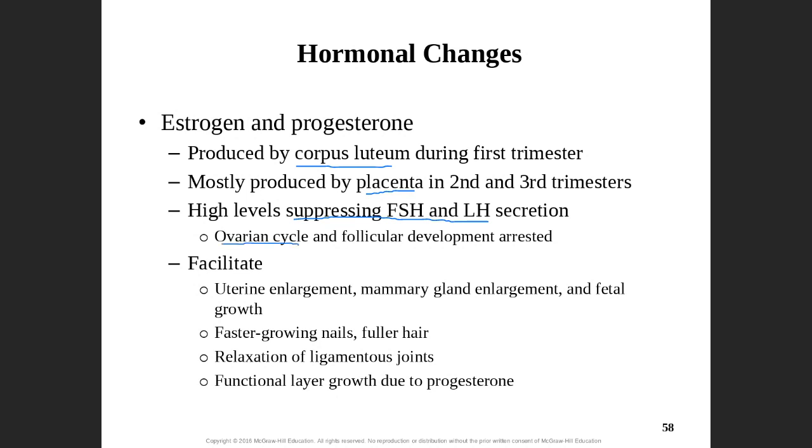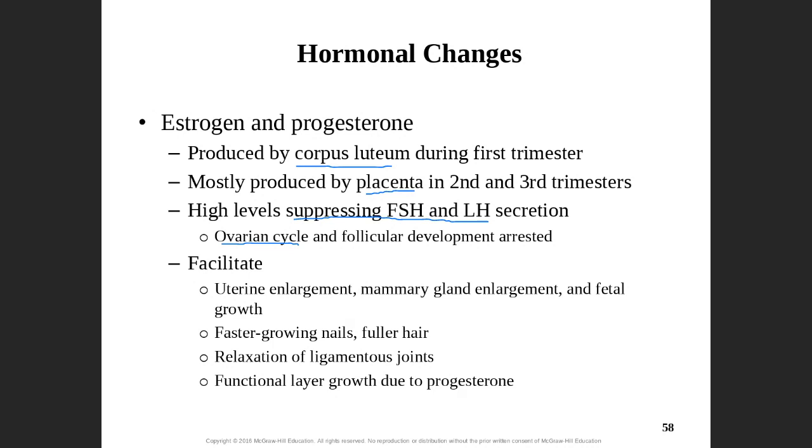We don't need any more follicles to develop and mature because we've already had fertilization occur. So by suppressing FSH and LH, we stop the ovarian cycle from occurring, which is fine because we don't need any more follicles.